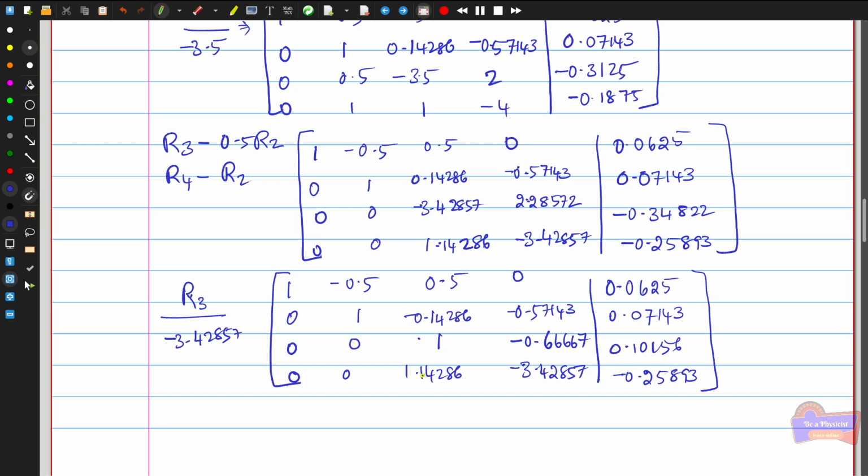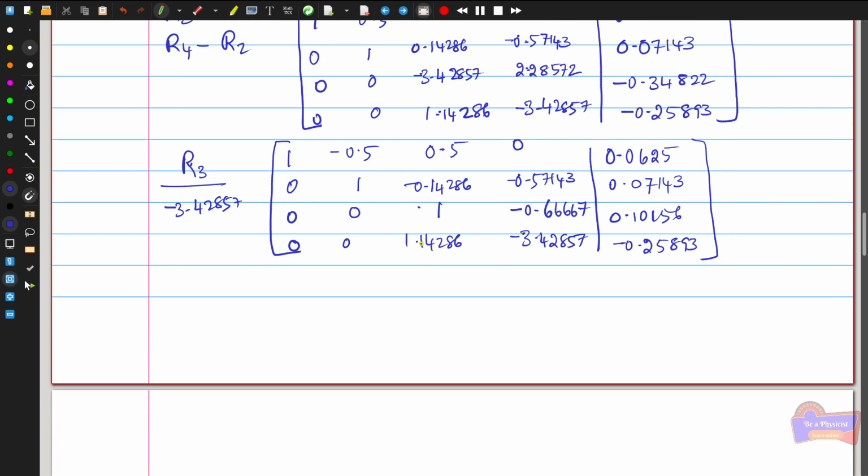And similarly, the third element of row 4 should be equal to 1. I want to make it 1, so I take another transformation: R4 is equal to R4 minus 1.14286 times R3. If I do this transformation, I will get the value as 1 here.